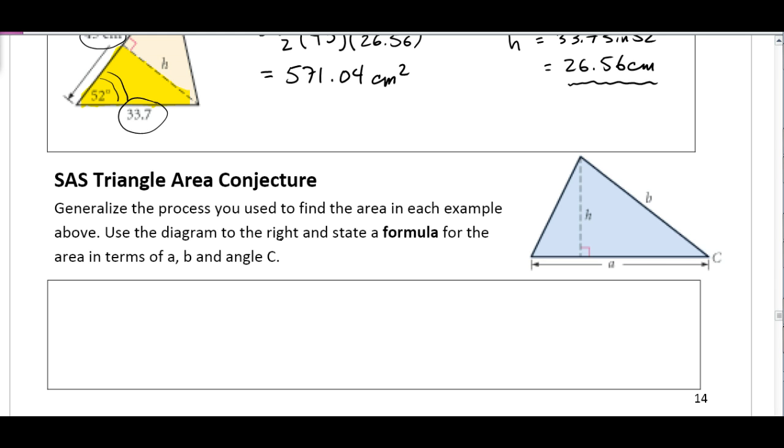So if we want to come up with some sort of a formula for this, we'll use this generic triangle here.